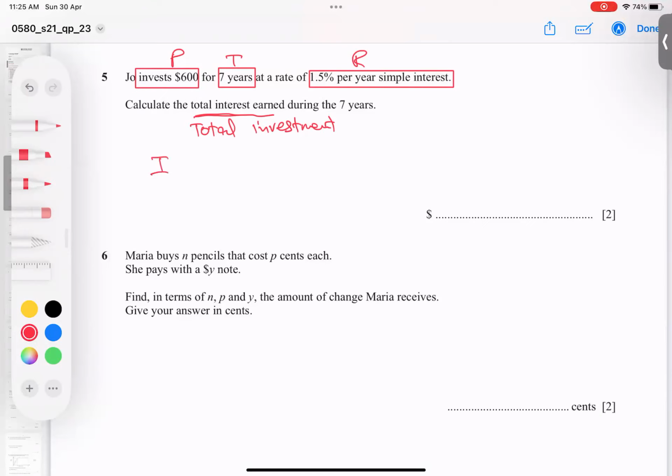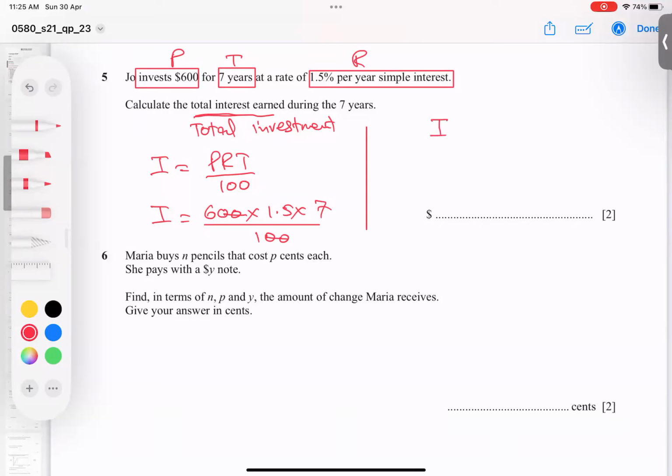So I equals P R T over 100. I is called profit. P is investment, 600. R is rate of interest, 1.5. T in years, 7, divided by 100. These two zeros cancel out. Let me check. So 6 times 1.5 times 7 is coming 63.